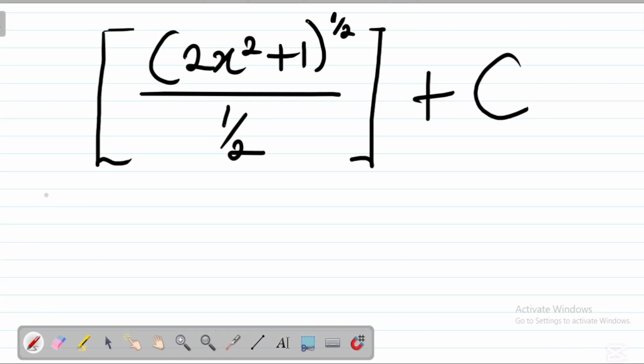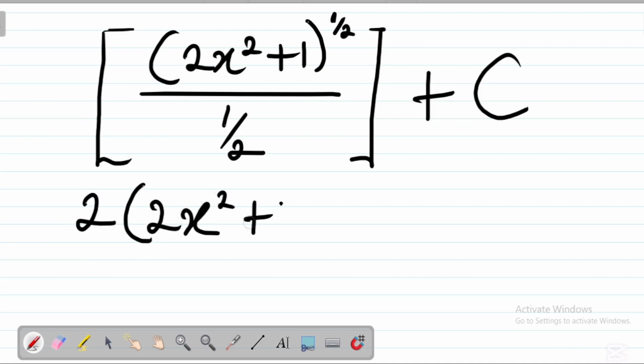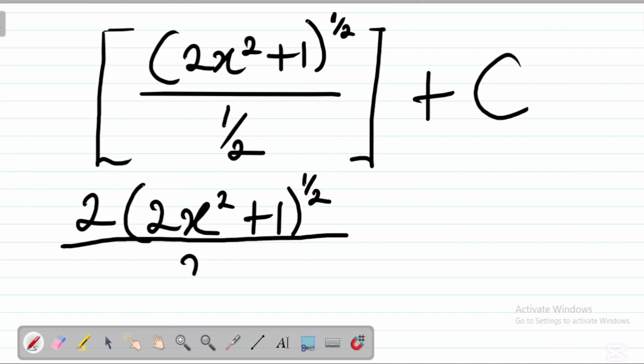Let's multiply both the denominator and the numerator by 2. So if you multiply both the denominator and the numerator by 2, you'd have 2 open bracket 2x squared plus 1 all raised to the power 1 all over 2 divided by 2 all over 2 plus c.